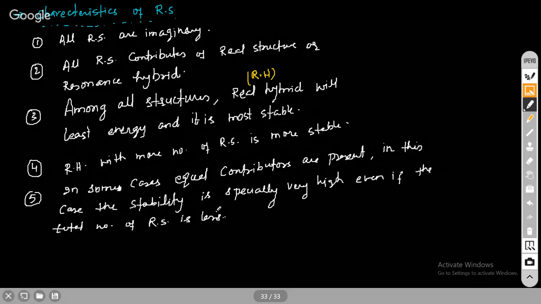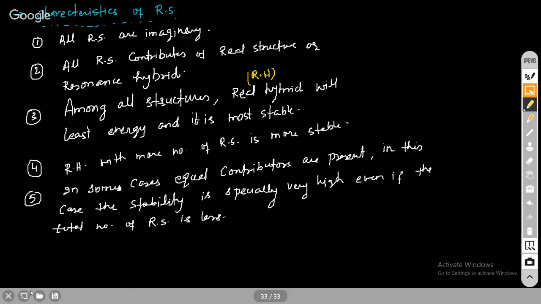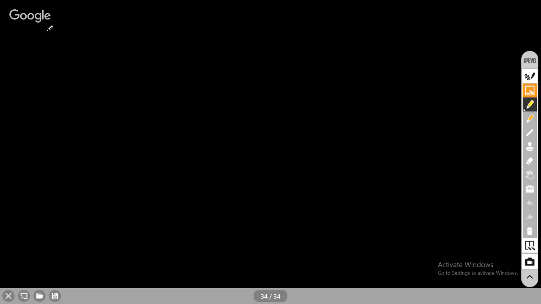Now you see, if I draw one molecule, now we'll take the example here. Suppose the molecule we have now, and this one I have already discussed in chemical bonding, I will discuss now also.